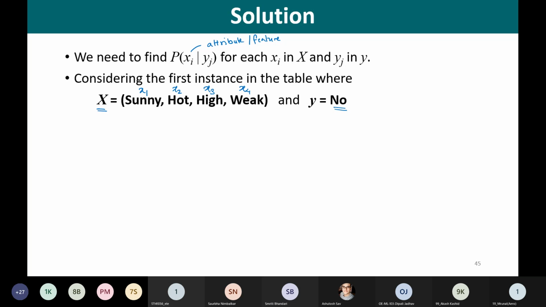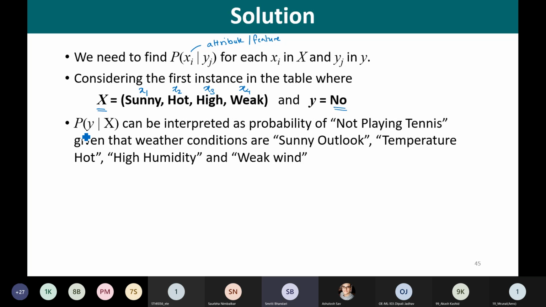Don't play tennis. Right? Now, what we would like to do is compute the probability of y given x. How are we going to interpret this? This can be interpreted as the probability of not playing tennis, given that weather conditions are sunny outlook, temperature is hot, humidity is high and weak winds are there.